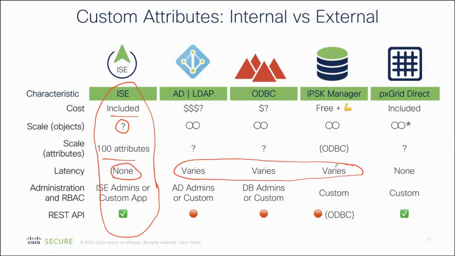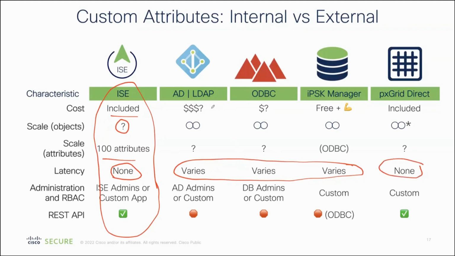And so depending upon where it's located, how your network is performing that day, it can take time and impact the performance. Whereas if you've got a local copy here, that's fantastic. Same thing with pxGrid Direct. It makes a local copy of that external database, that JSON table, keeps it local so that there is very, very little latency. So that's the big advantage there.